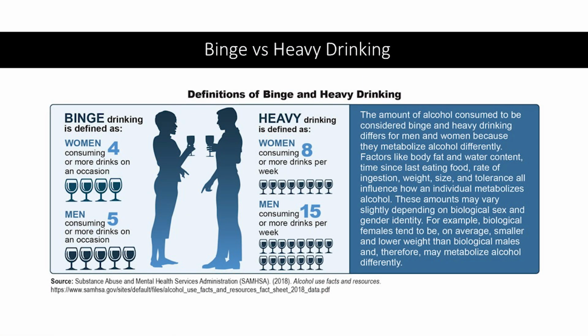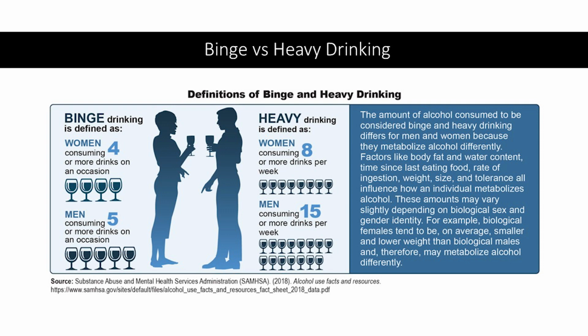And we have some other drinking habits and patterns as well that I did want to point out: binge drinking and heavy drinking. Binge is when a woman drinks more than 4 drinks at one sitting. As we can see from the previous slide, safe drinking was 3. So when they drink 4 or more at one time, then it's binge drinking.